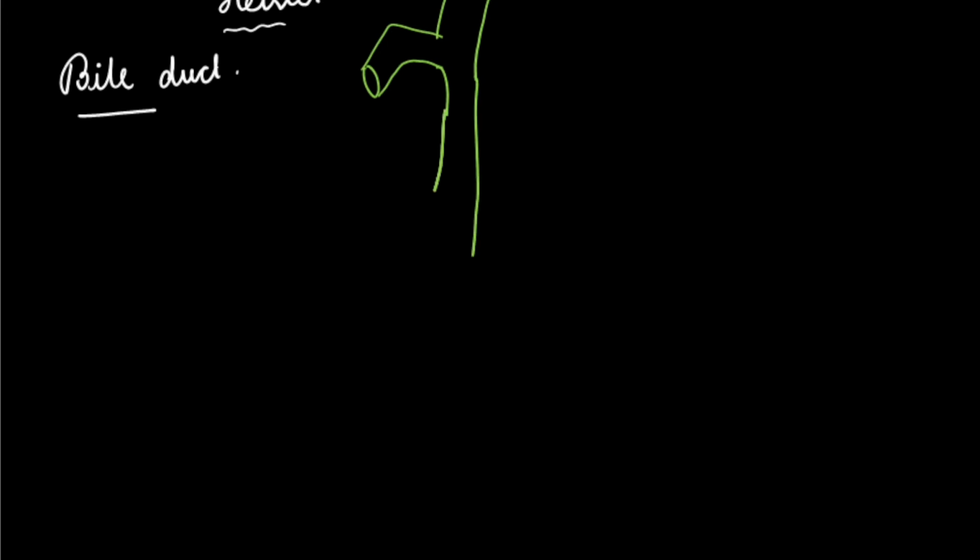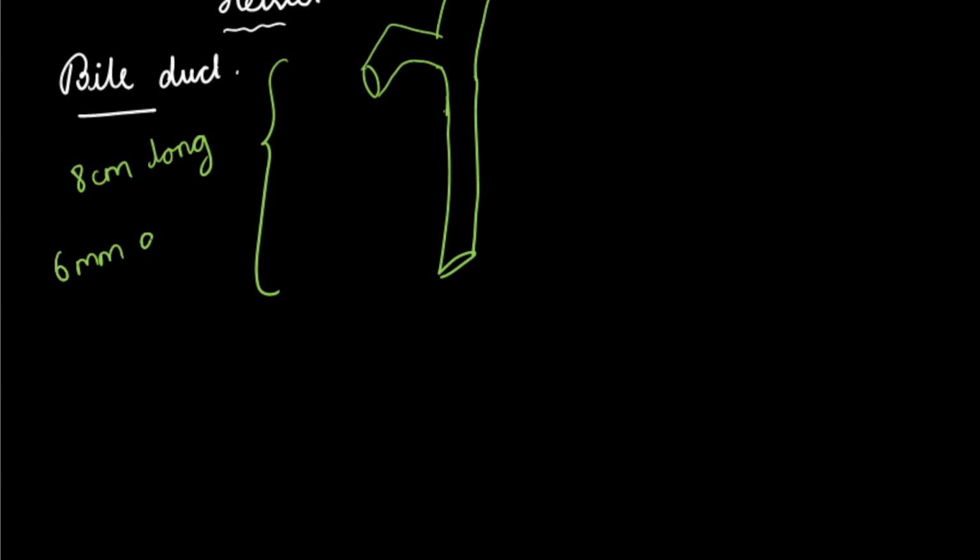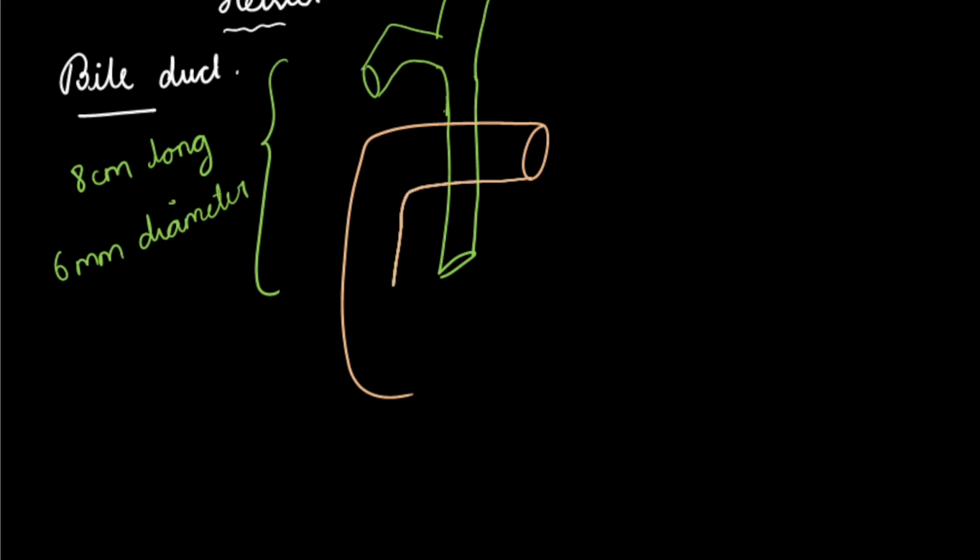Now regarding the next component, that is bile duct. Cystic duct gets joined with the common hepatic duct, and there comes our bile duct. Common bile duct will be like this. Here this common bile duct is about 8 cm long and 6 mm in diameter, and it is divided into 4 different parts because of the presence of duodenum in front of the bile duct.